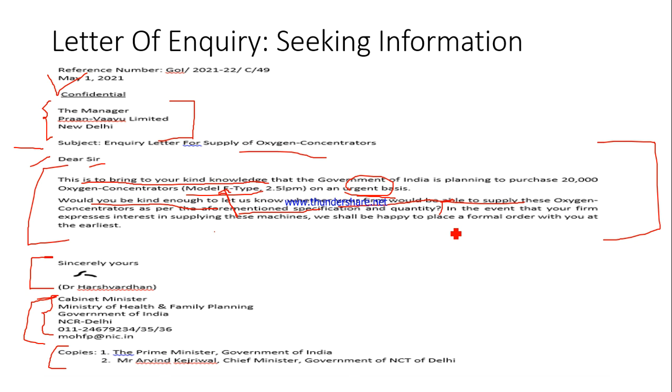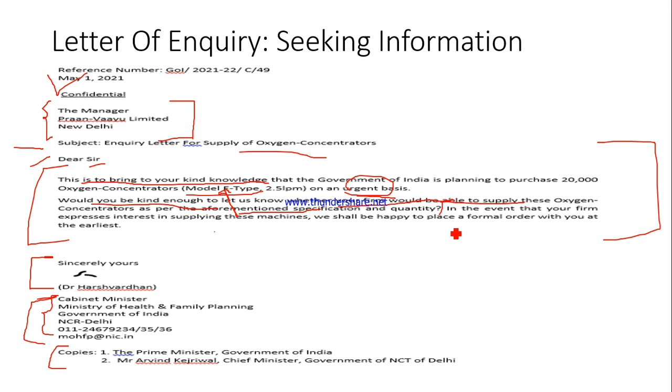So I'm telling Pranavayu Limited that if they feel that they can supply us these oxygen concentrators, we would be placing a formal order, because this is not an order, this is not a document which contains the order quantity. So we are just simply seeking information from them whether they can supply. If they say yes, then what we'll do, we'll place a formal order which will contain the number of units that we require, the delivery schedule, by which particular date we require it, and the various other conditions.